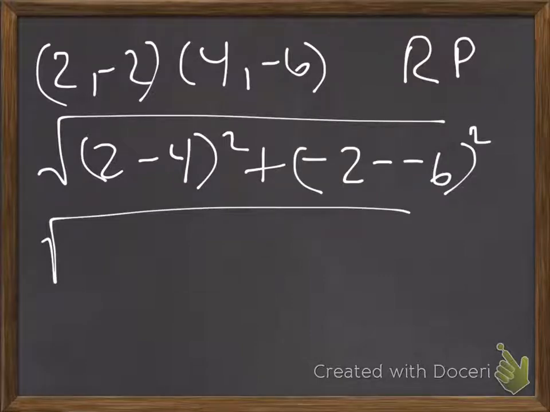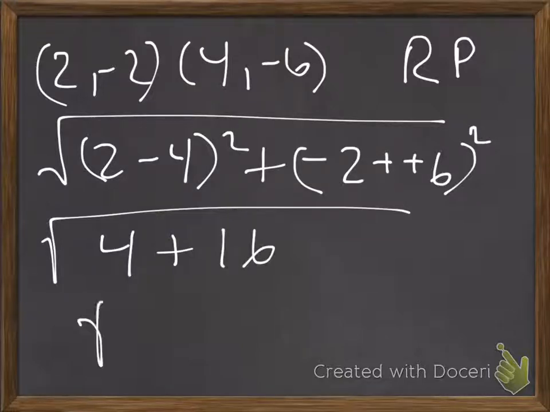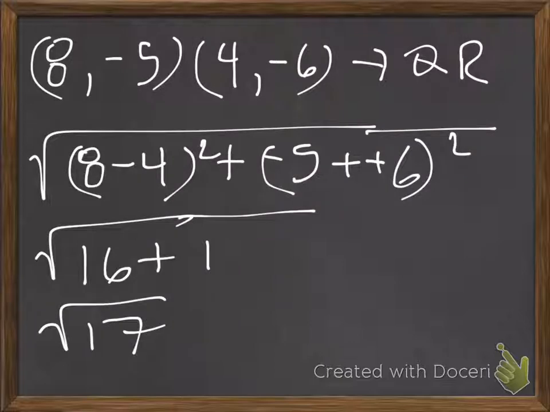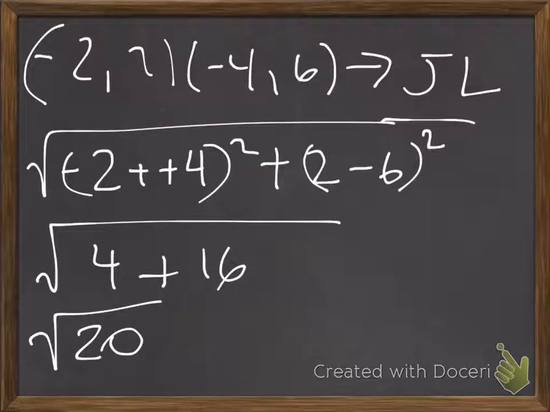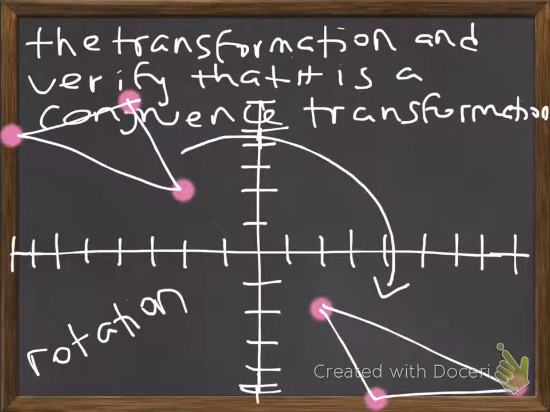So negative 2 squared is 4, plus negative 2 plus 6 is 4. So 4 squared is 16. That is the square root of 20. And that does match JL. So we've matched each side length to be congruent with the other side lengths. So we verified that this is a congruence transformation. And that concludes lesson 4-7.